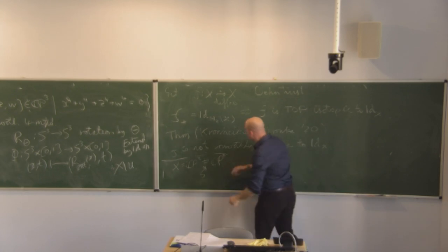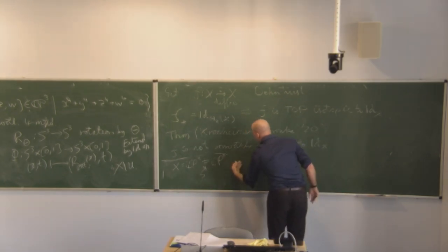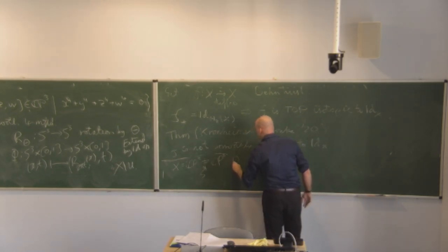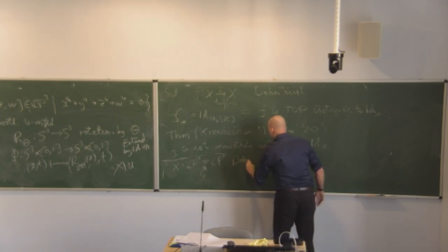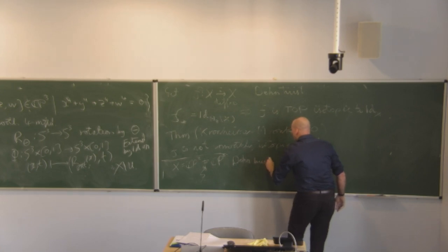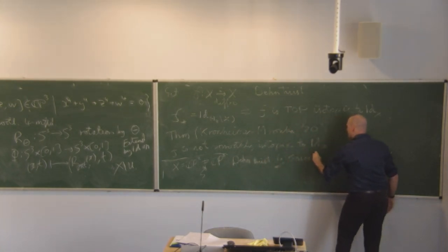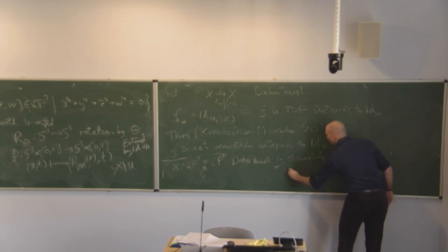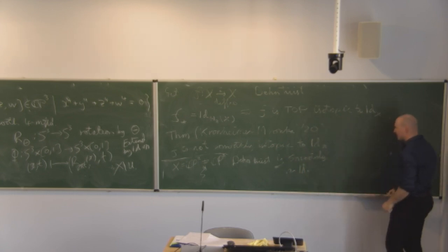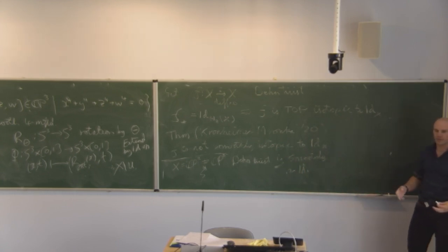Here in this case, we have another Dehn twist, but in this case it is smoothly isotopic to the identity. So it does actually depend on the manifolds quite heavily.